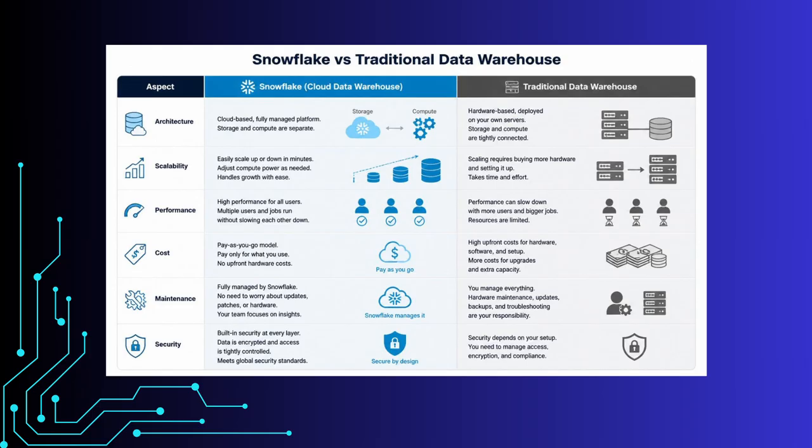Let's go through them one by one. The first aspect is architecture. Snowflake is a cloud-based, fully managed platform where storage and compute are separate, whereas a traditional data warehouse is hardware-based, deployed on your own server, where storage and compute are tightly connected.